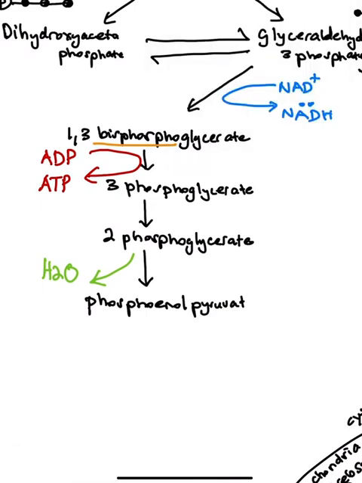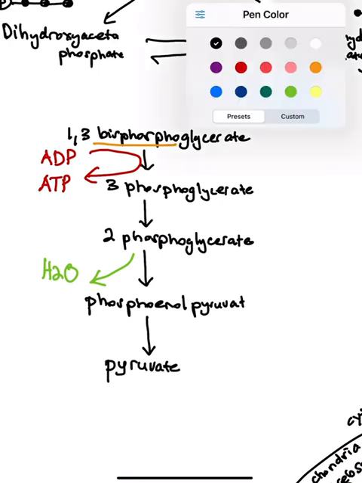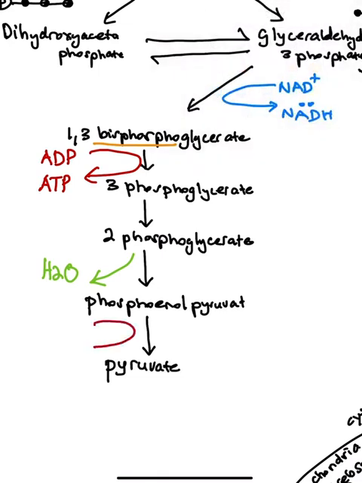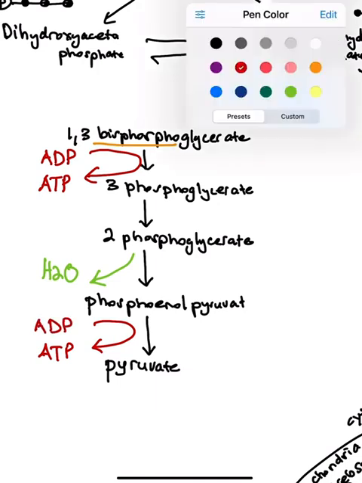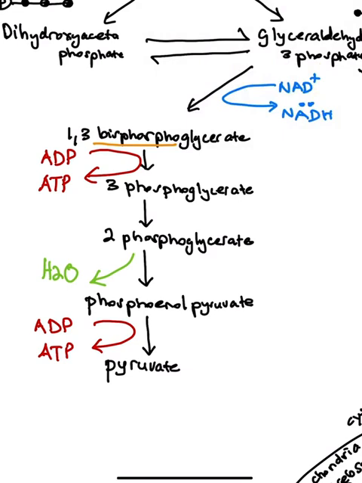And lastly, the phosphoenolpyruvate will be changed into pyruvate with the help of an enzyme. And at this point, we again see the production of an ATP molecule, showing us that the last phosphate is removed from our phosphoenolpyruvate, as there are no phosphates left in a molecule of pyruvate.